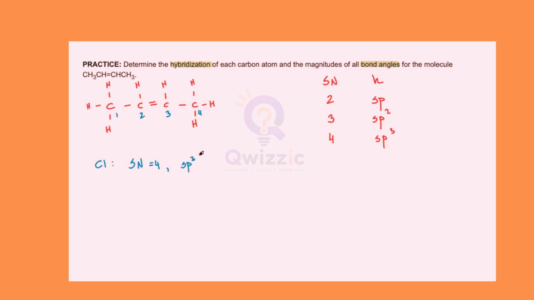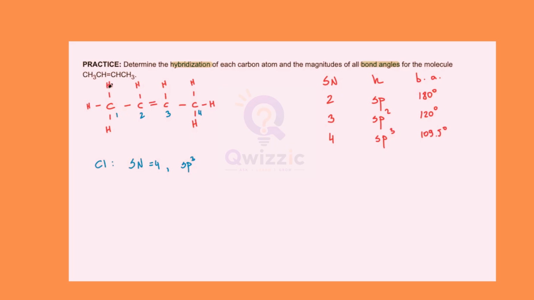What about the bond angles? Well, essentially, if we include bond angles in the table, sp corresponds to linear geometry, 180 degrees, sp2 to trigonal planar geometry, 120 degrees, and now sp3 would be tetrahedral, 109.5 degrees.